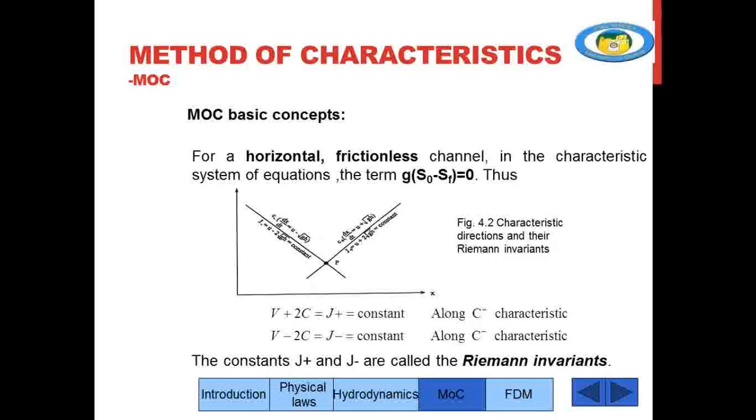Along the C plus characteristics it is v plus 2c, along C minus characteristics it is v minus 2c.